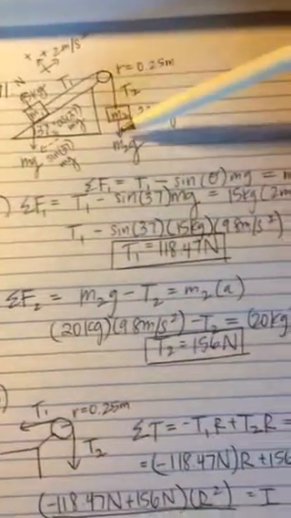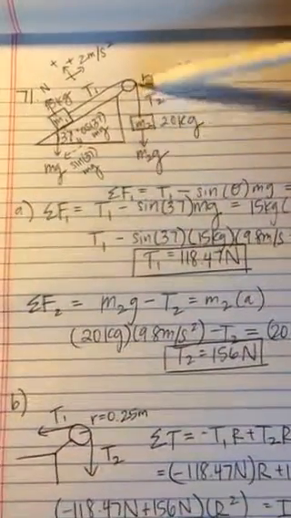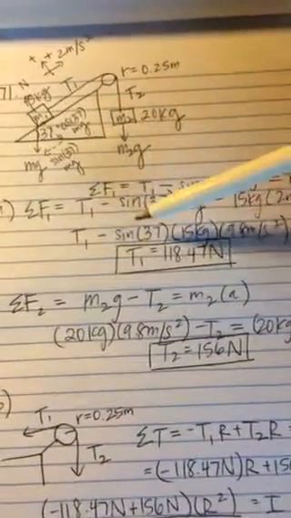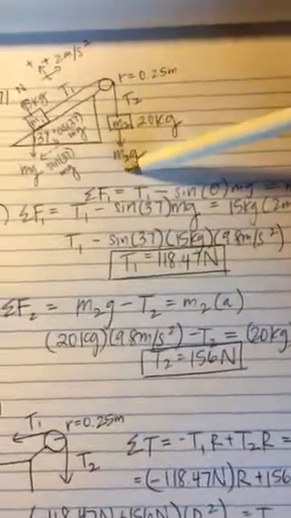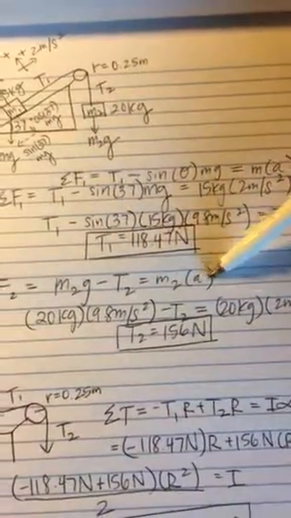Next, we're going to do the exact same thing for the mass 2, except now we're going in the y direction. So because there's no x direction, we don't have to worry about that. m2g, which is in the direction of motion, so positive, minus T2, which is opposing motion, equals mass times acceleration.